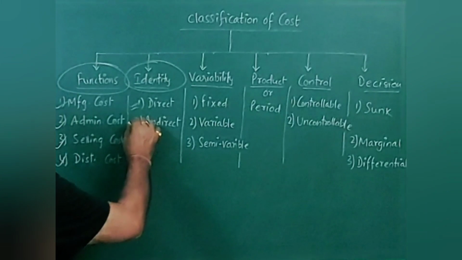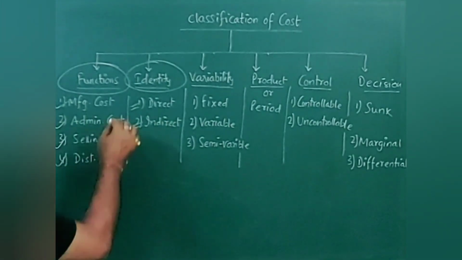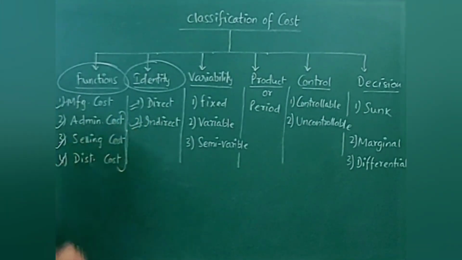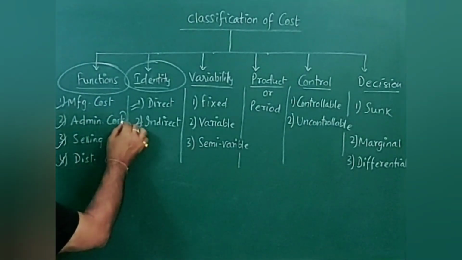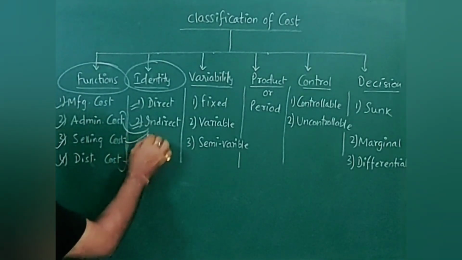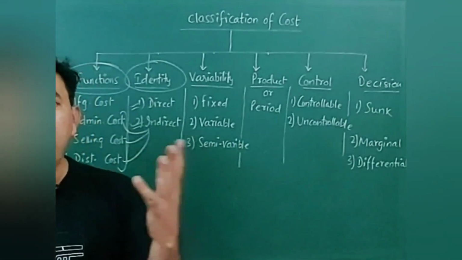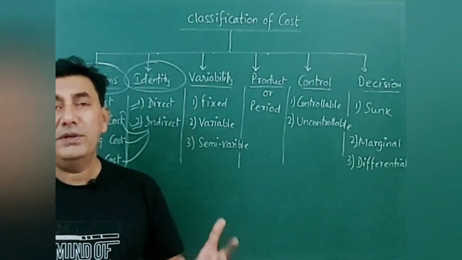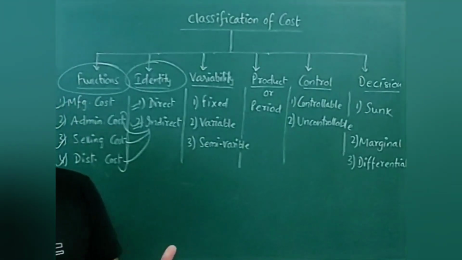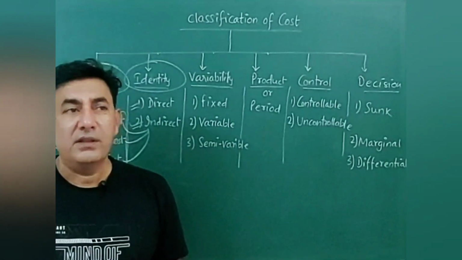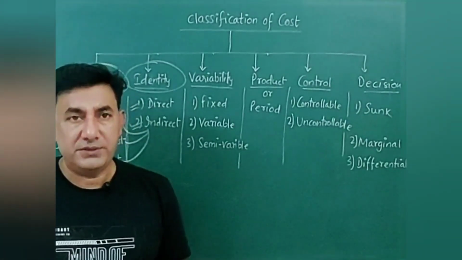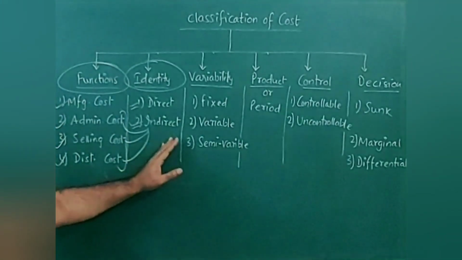And indirect costs: all these three classes of cost we just studied under functions, administration cost, selling cost, distribution cost, are indirect costs, because we do not incur these expenses to manufacture a product. They are not directly related with the production, right? Therefore they are indirect cost.